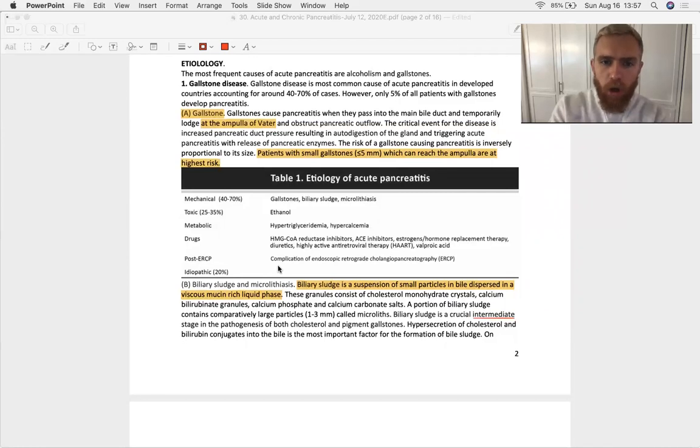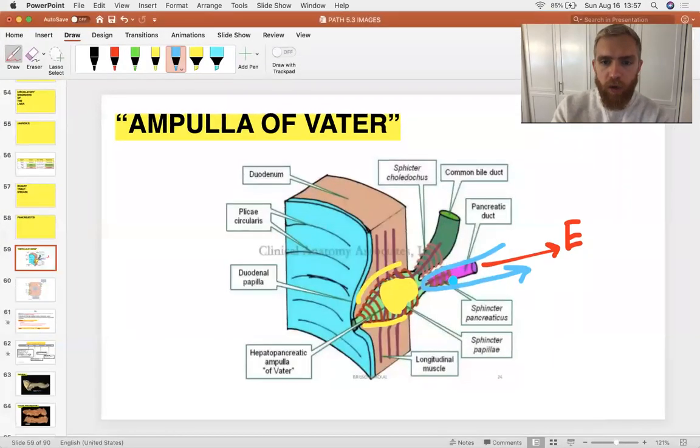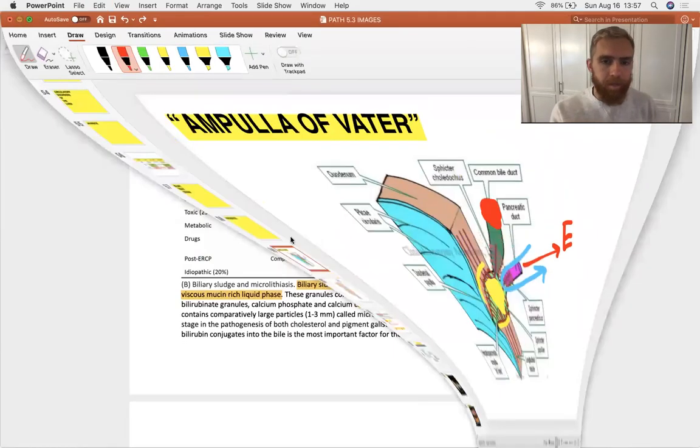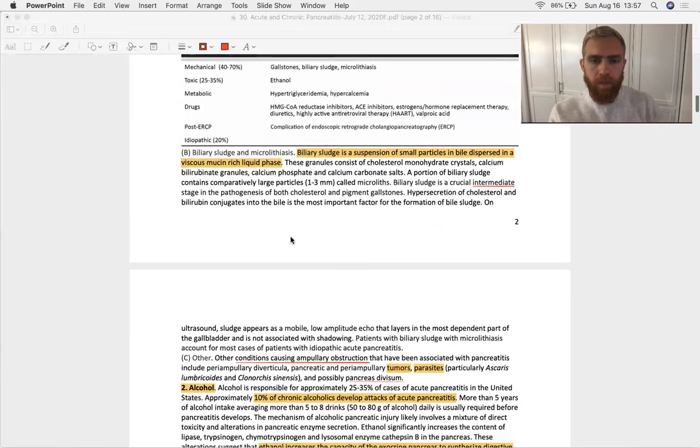Small gallstones particularly are the ones that we're worried about, because big gallstones will get hung up in the common bile duct up here, and they won't even make it down to the ampulla of Vater. If only the common bile duct is obstructed by a stone, then pancreatic enzymes can go straight into the duodenum unimpeded.